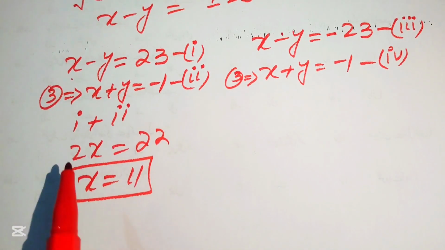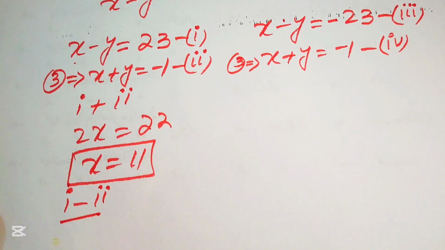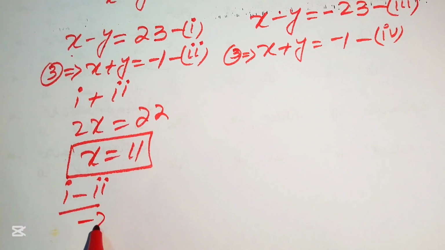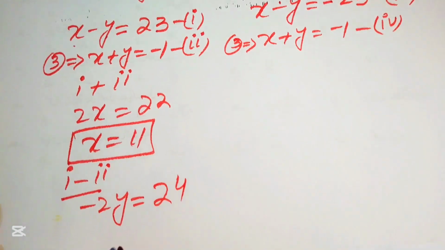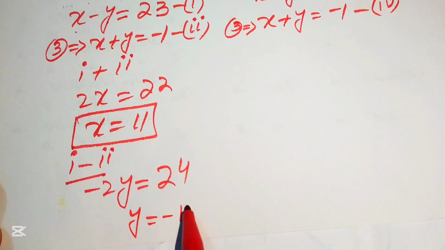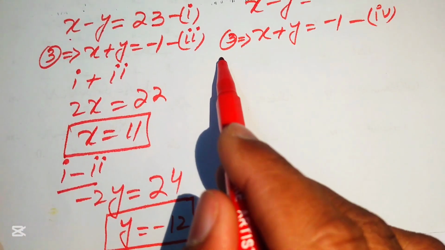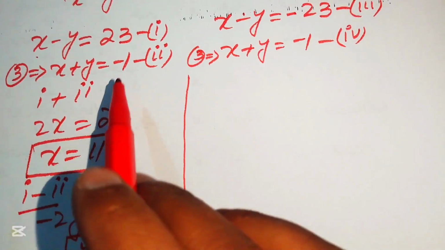Similarly, if we subtract equation number 1 and equation number 2, we obtain -2y = 24, and y = -12. So these are the values of x and y which we get from the first case.